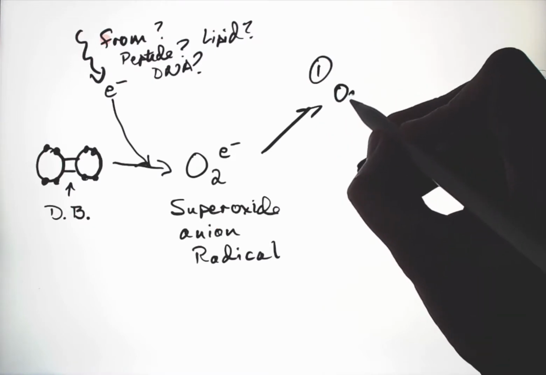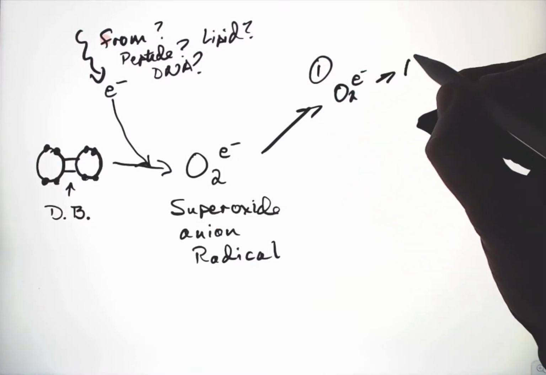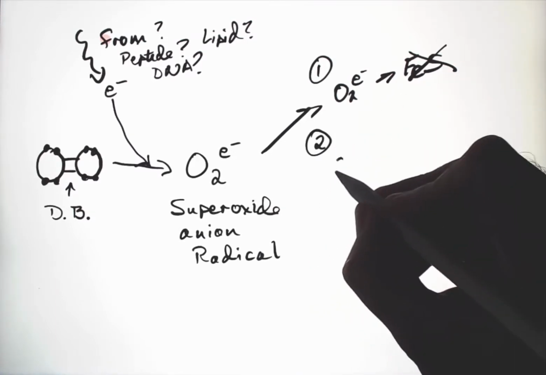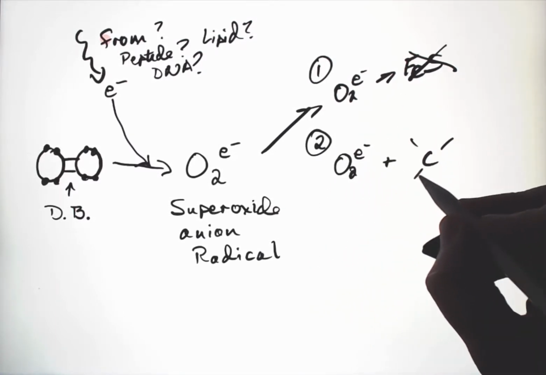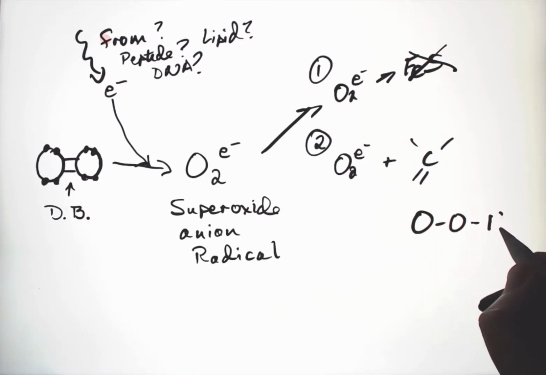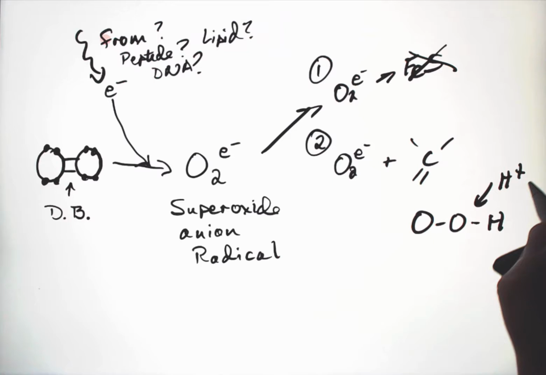1, it can donate an electron to iron-sulfur complexes and make them non-functional. 2, it reacts easily with carbon double bonds. The stages are that the O2 with negative charge adds an H+ to become this oxygen-oxygen-hydrogen.